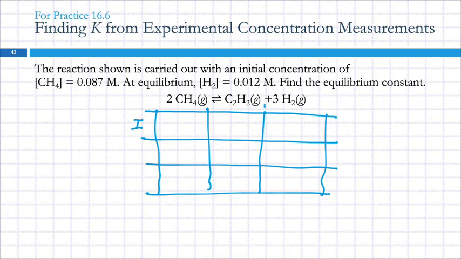So I've got my initial concentrations, how they're changing, and my equilibrium. So this was 0.87. What are the concentrations of the products? Well, not the change, but the concentrations. To start with, they're 0. And then I'm told that H2 is 0.012.